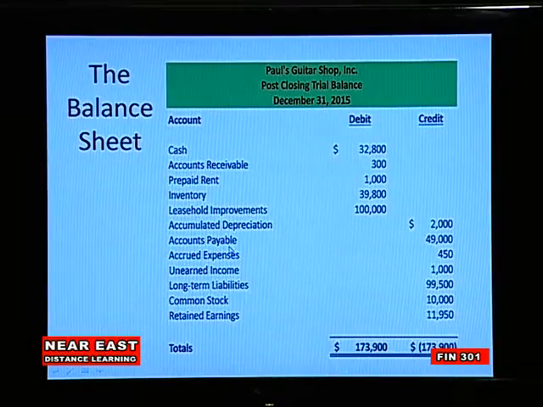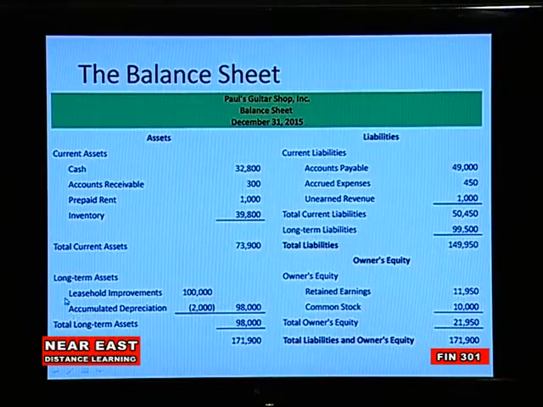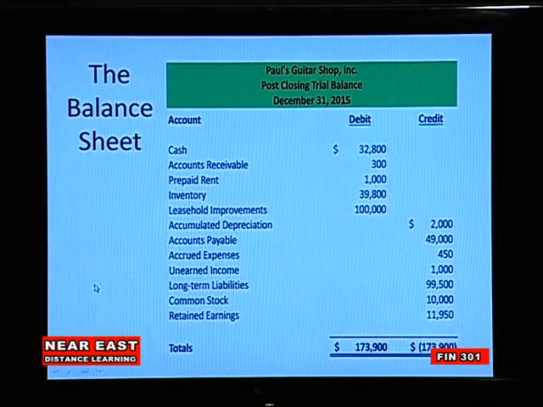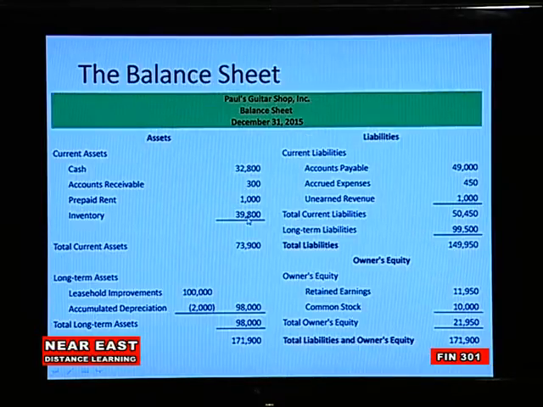After that, we will calculate long-term assets. Long-term assets in this example include leasehold improvements. After that, we will subtract accumulated depreciation to arrive at net leasehold improvements. After that, we will add current assets and fixed assets to arrive at total assets.